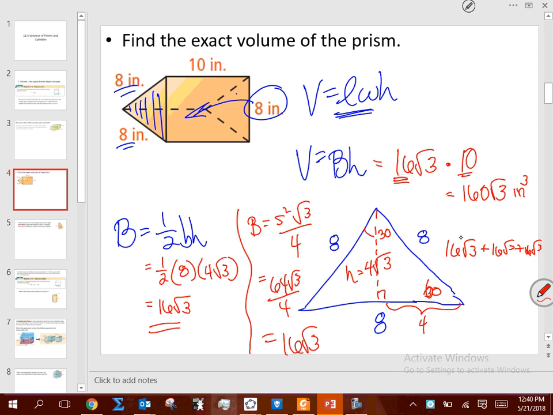So I'd have 16 radical 3 plus 16 radical 3 plus 16 radical 3, and so on. The best thing to do is take a radical 3 out, and you get 10 16s in here, so that's 160. But that is going to be inches cubed, right?